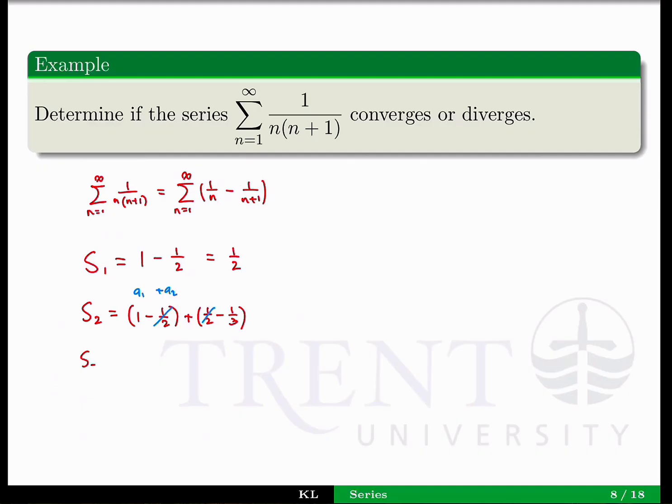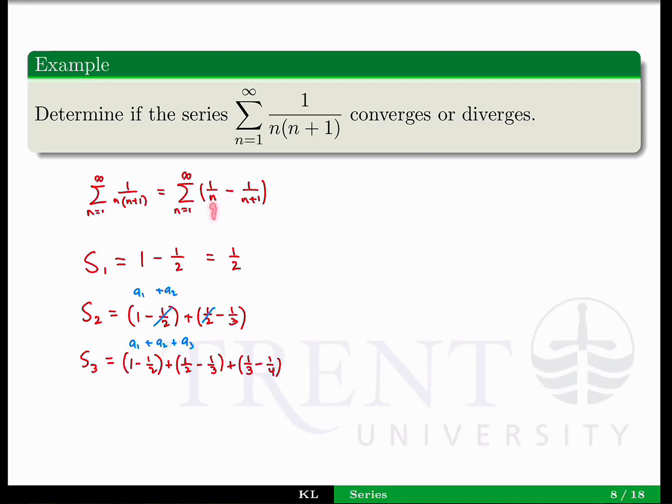If you want S sub 3, we will have here A sub 1, let me write that again, A sub 1 plus A sub 2 plus A sub 3. For the first one, you will have 1 minus 1 half plus. For the second one, there is 1 half minus 1 third plus. For the third one, you have 1 third minus 1 fourth. So n equals 3, we added the term n equals 3.